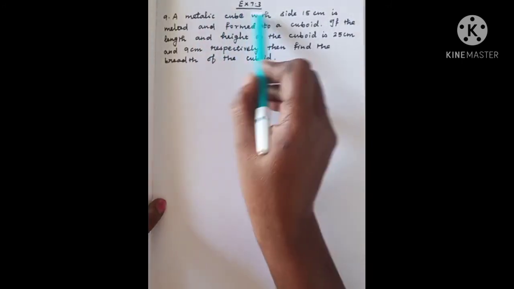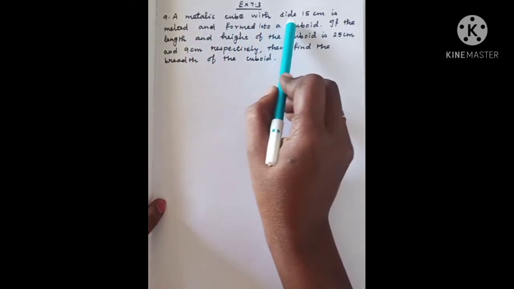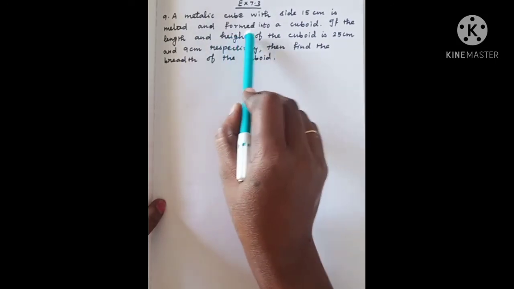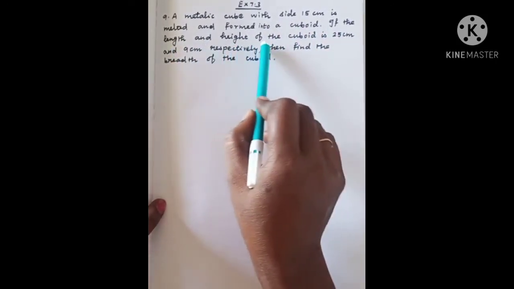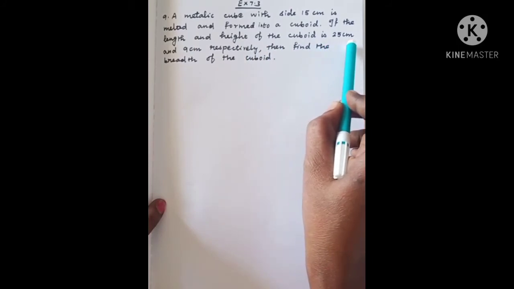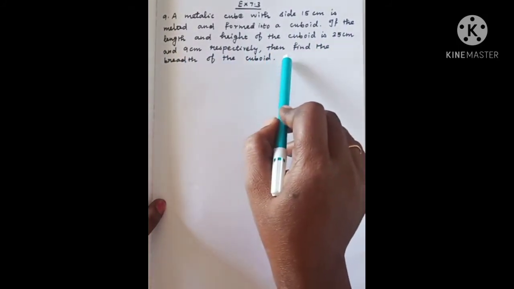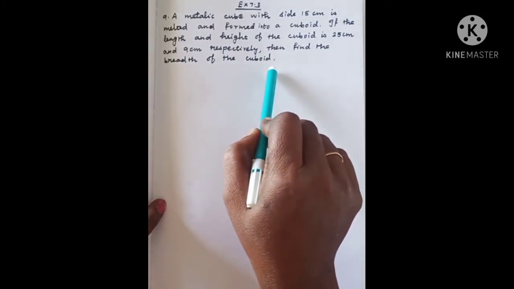Exercise 7.3, 9th problem. A metallic cube with the side 15 centimeter is melted and formed into a cuboid. If the length and height of the cuboid is 25 centimeter and 9 centimeter respectively, then find the breadth of the cuboid.